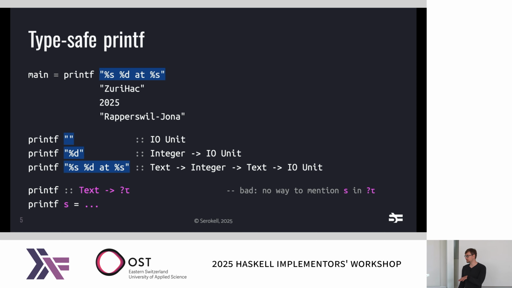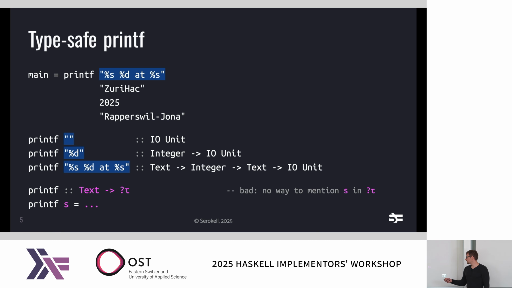Only at the term level we get the variable. At the type level, the rest of the type has no way of mentioning the text value that we bound, which means that we cannot inspect the number of directives in the text value. We cannot determine the rest of the type based on the number of directives.